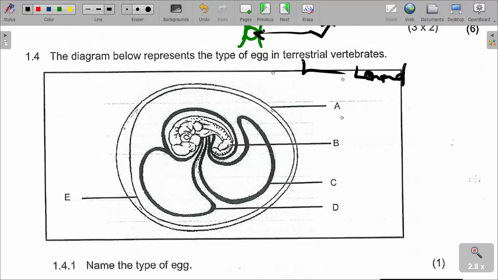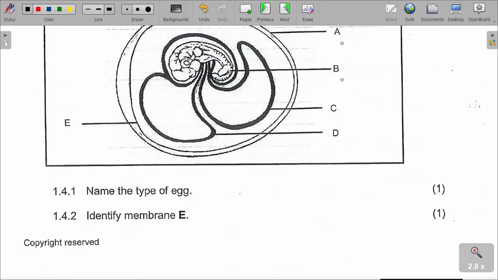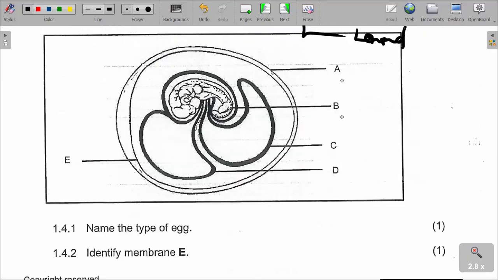This is an amniotic egg in its scientific term. I have also explained the amniotic egg enough on the channel. Please check on Metric Hub. There is quite a good explanation and lecture explaining an amniotic egg and every other related question that comes with it. So this is called an amniotic egg.